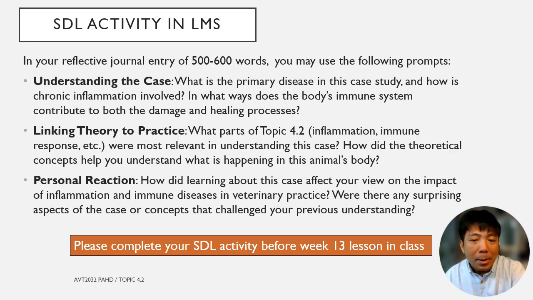And lastly, do a short personal reaction about how learning about this case affected your view on the impact of inflammation and immune disease in veterinary practice. Is there any surprising aspect of the case or concept that challenged your previous understanding? Do complete this SDR activity before coming to the week 13 lesson in class.